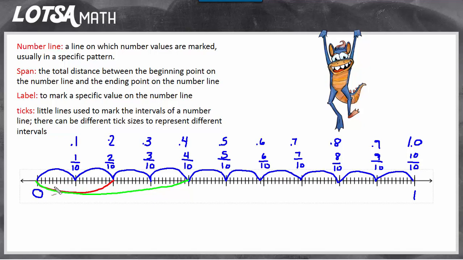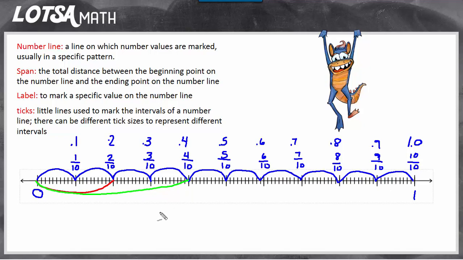So I know that there are 10 smaller spaces in each tenth. So then I could just count them by 10. So that's 10 there, 20, 30, 40, 50, 60, 70, 80, 90, 100.